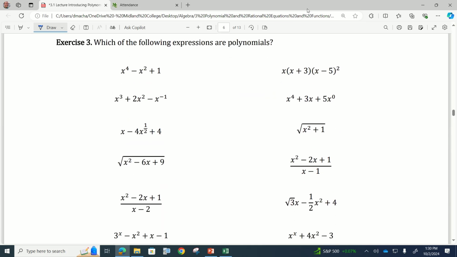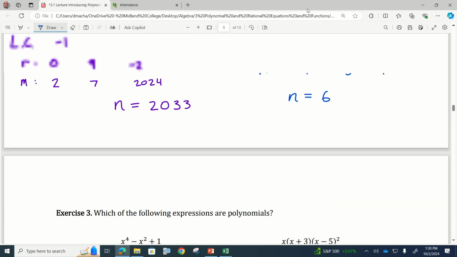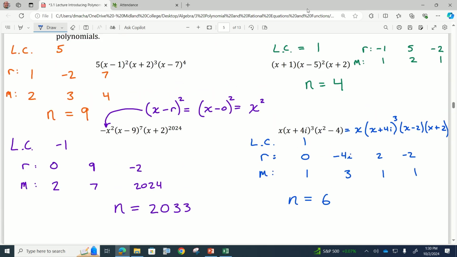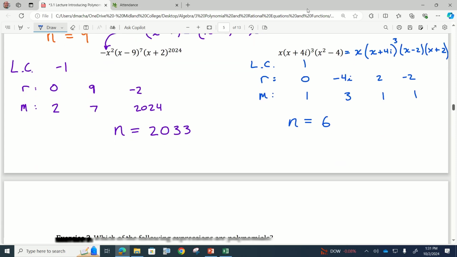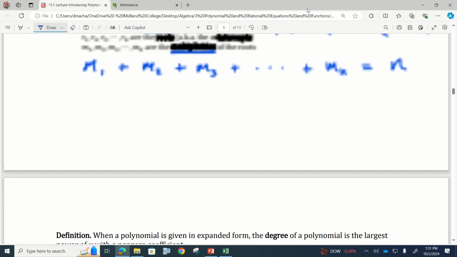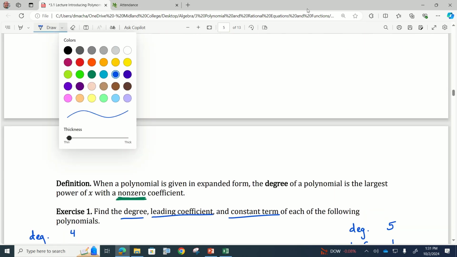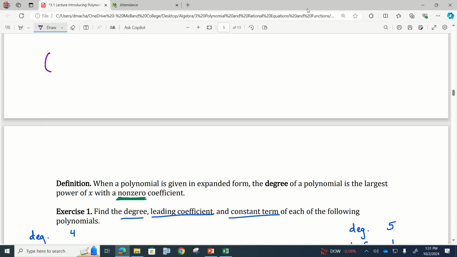So wait, what would I actually do if you had an incomplete factor, but you still had a multiplicity on top of the incomplete factor? Okay, I see what you're saying. That's a good question. So the question is, what would you do if you saw x squared minus 4 raised to the power 3?